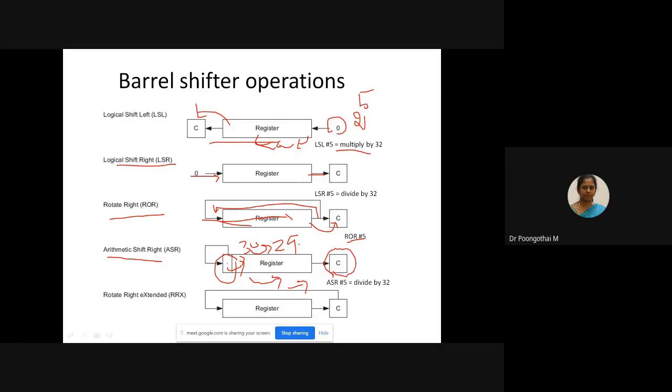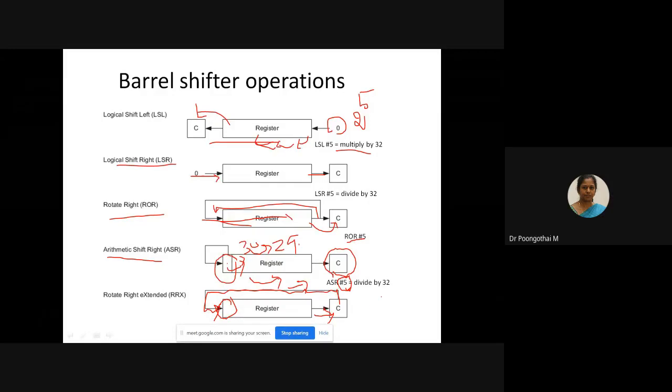And the next one is rotate right extended, which is like the ROR operation with a little difference. It rotates the number to the right by one place only. We cannot specify the number of rotations in the instruction. The original bit 31 is filled by the value of carry, and the original bit 0 is moved into the carry flag.